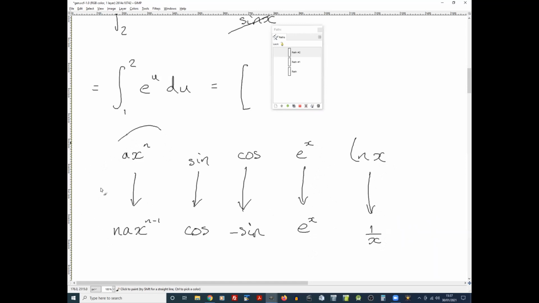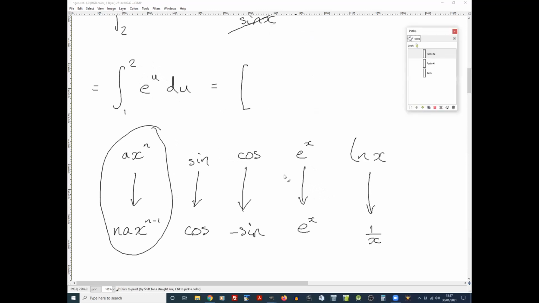You were starting to do this, weren't you? Yeah. Okay, so inside the square bracket, enclosing the antiderivative or indefinite integral. So it's e squared. Oh, what's going on?